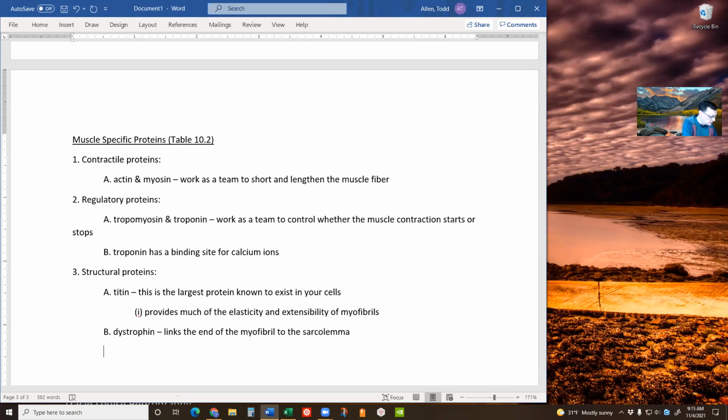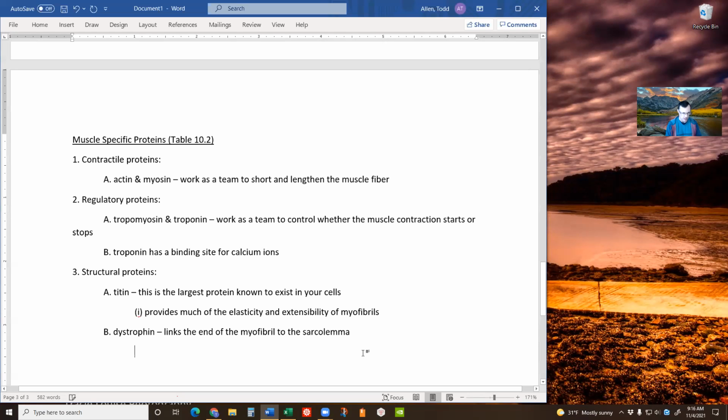Okay, and so you can see dystrophin graphically represented on figure 10.2, the last picture, panel D as in dog. Tell me what color dystrophin is in panel D. Okay, it's blue. Folks, dystrophin links the end of the myofibril to the sarcolemma.